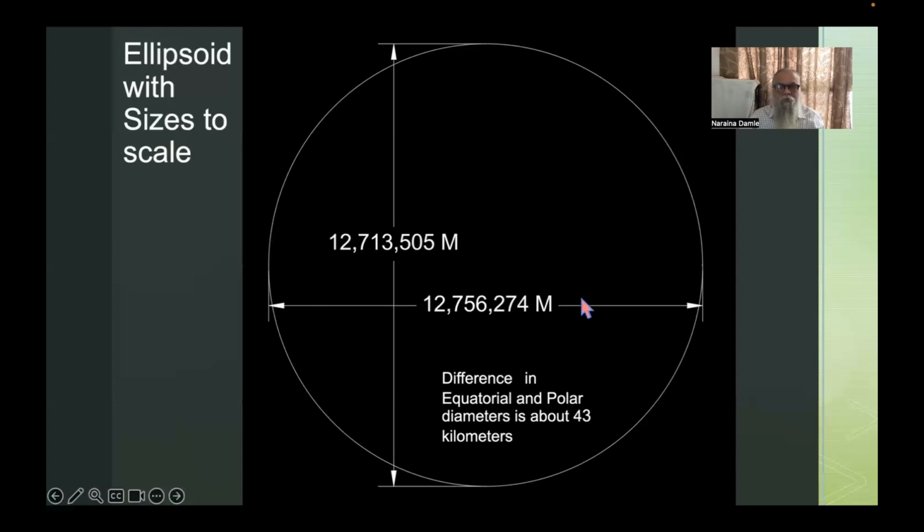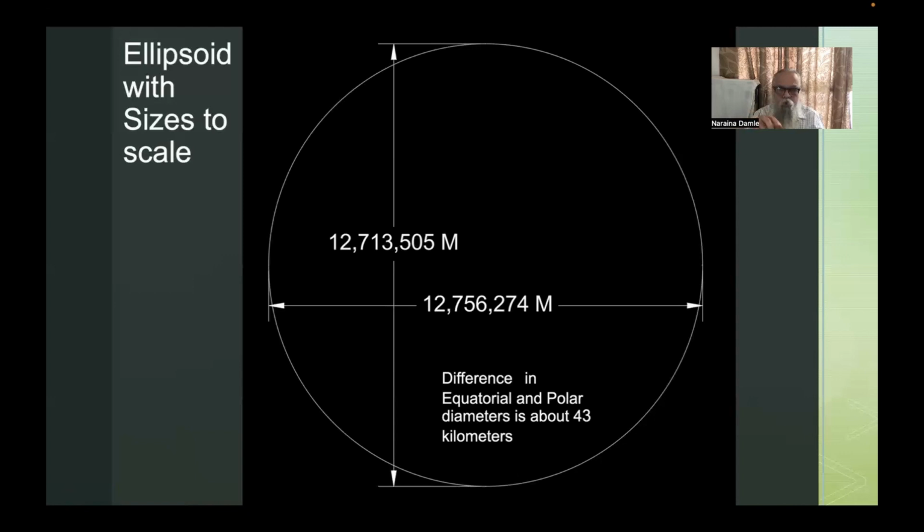So now from this shape, the basic question is, can you make out it's an ellipse? You cannot, because the difference is so small that from far away it looks like a perfect circle, which means a perfect sphere.